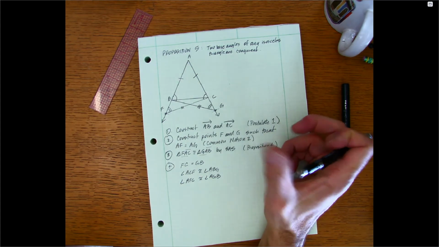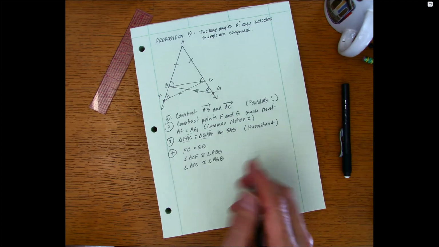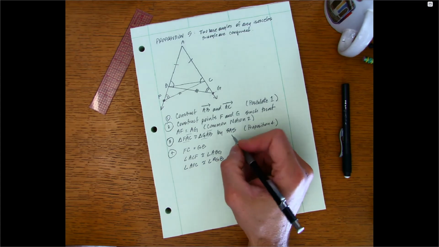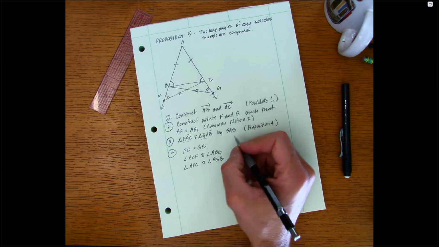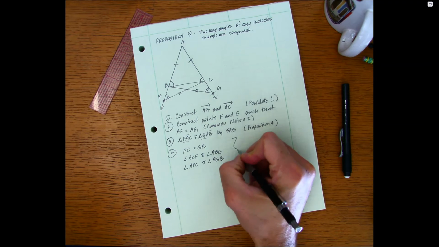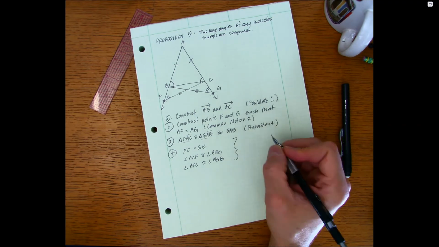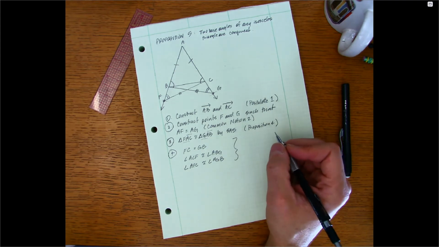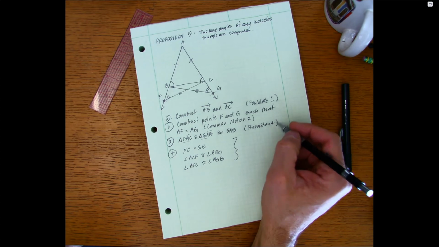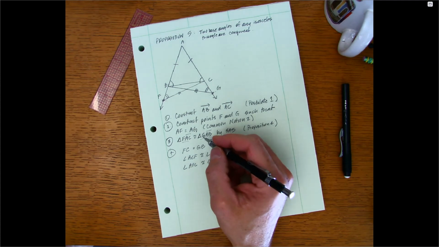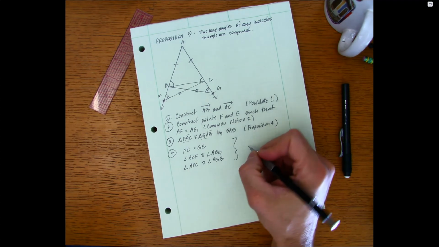Okay, so this is all by what we would call today corresponding parts of congruent triangles are congruent. But in a sense, once you have the congruent triangles up here, this is just common notion 4.